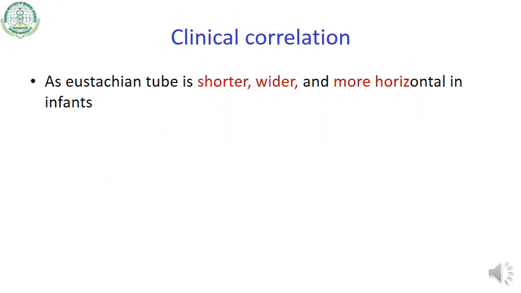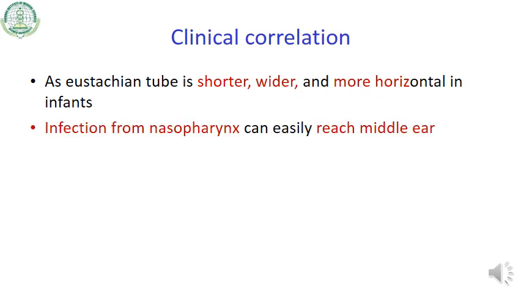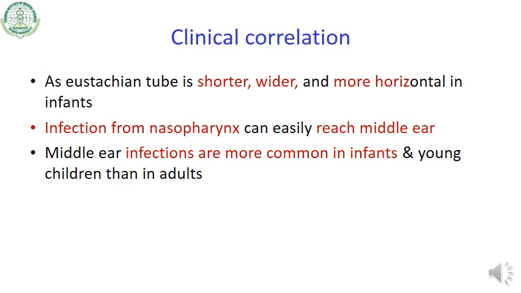As the Eustachian tube is shorter, wider and more horizontal in infants, the infection from the nasopharynx can easily reach the middle ear cavity in children or infants.